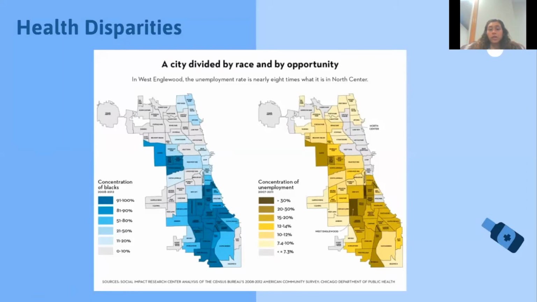And I think that's a perfect connection to this chart, because although unemployment can be for various reasons, like education and health, or not being chosen for the job, I think that it's a perfect example of a health disparity in chart form.